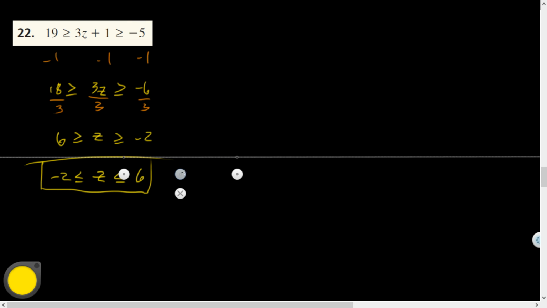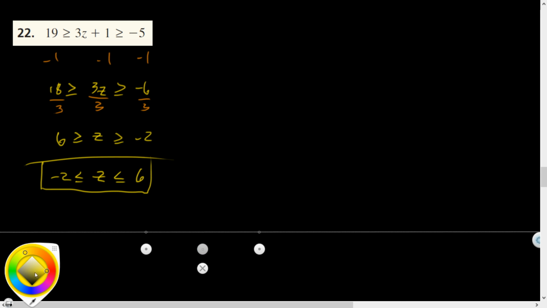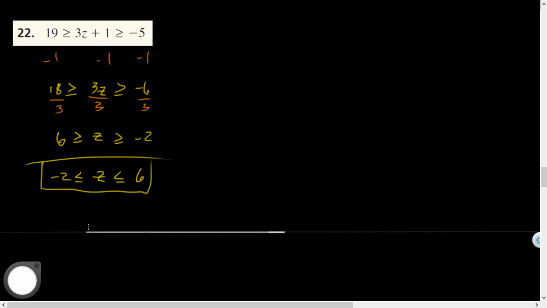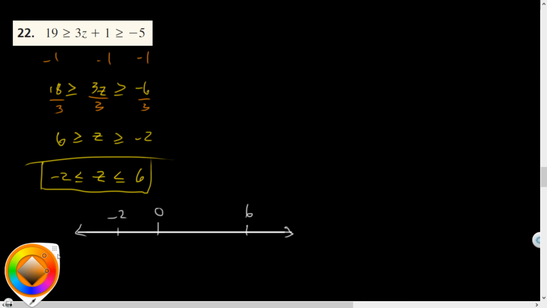I guess I'll graph this one because these are interesting. Let's see. So I will have a closed circle at -2 because it includes it.